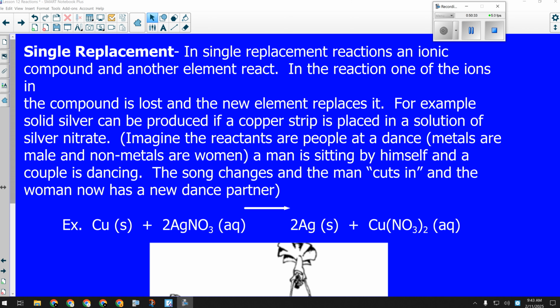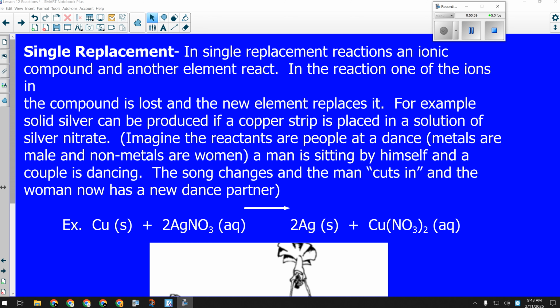Instead of having a solution of silver nitrate, after the reaction you've got solid silver and copper 2 nitrate. Okay, so all that's happened in that reaction is the metals switched places. Okay, copper replaced silver in that reaction.